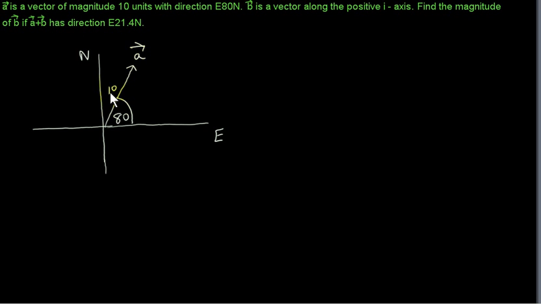Here is vector A. Its magnitude is 10, which means that A without an arrow is 10. Its direction is east 80 degrees north, so we face east and veer 80 degrees north. B is a vector along the positive i-axis. So here is B. If we add A and B together, we get a vector that makes an angle of 21.4 degrees here.